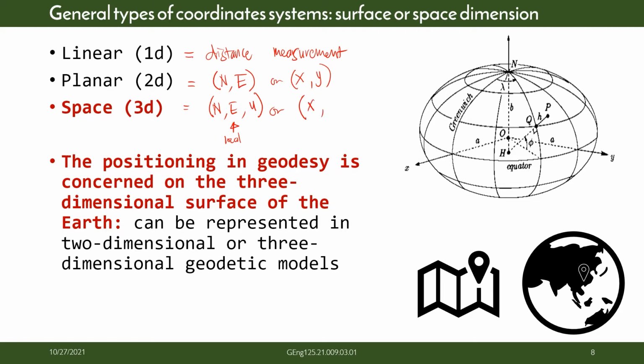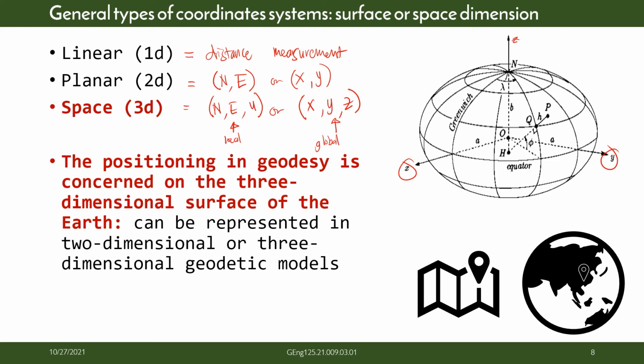We have x, y, and z, as shown in this image. There should be a fine definition between the local projection and global, which will also be discussed in this video.